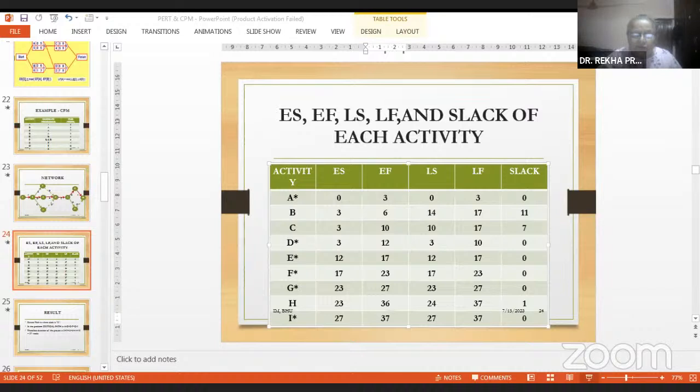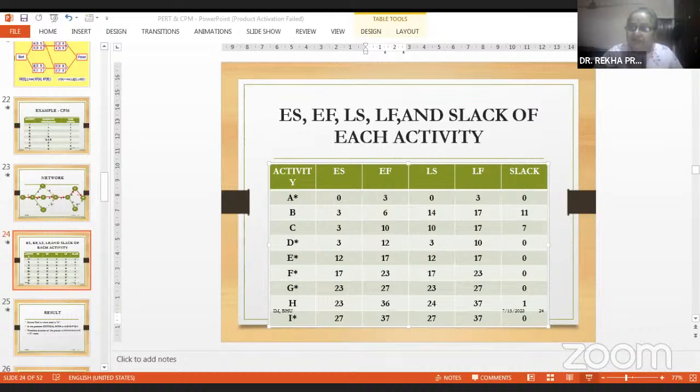Then this is your forward path. Then you go backward when you're finding the latest start and latest finish.